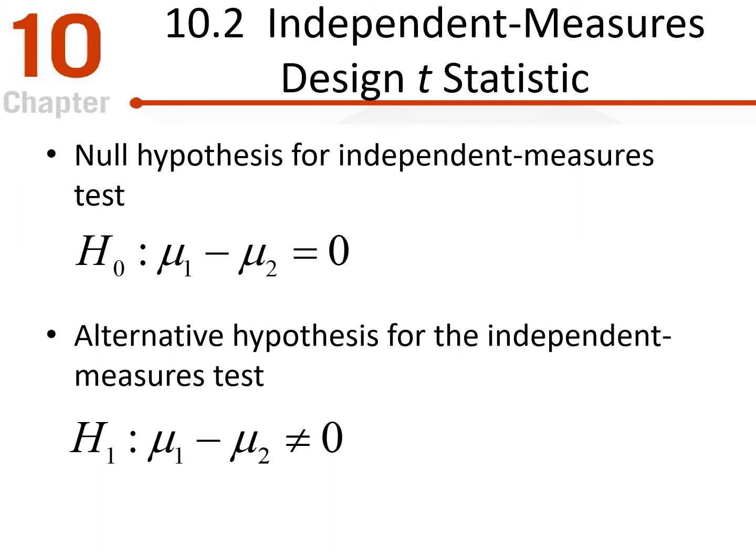And we expect that under the null hypothesis, the mean difference is 0. Under the alternative hypothesis, the mean difference is not 0. This is obviously two-tailed, or non-directional. So we're just saying that there's some difference between these two groups. They don't represent the same population.